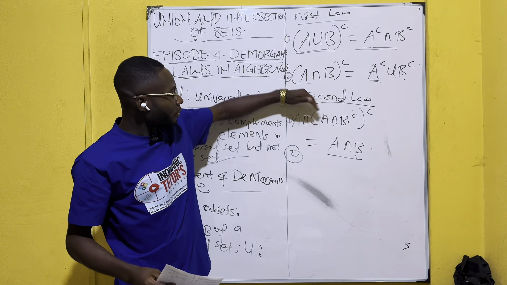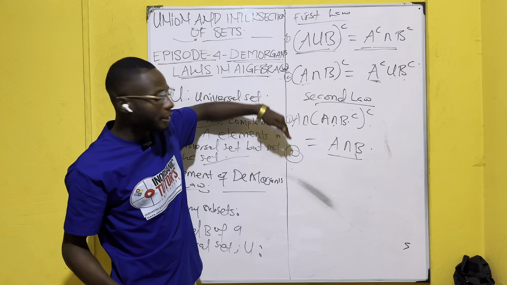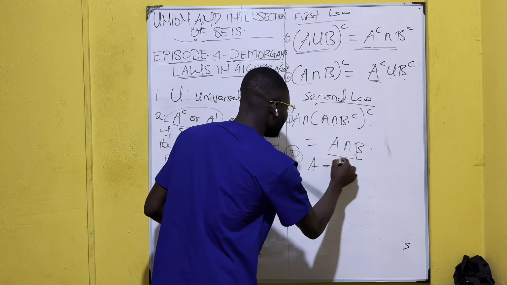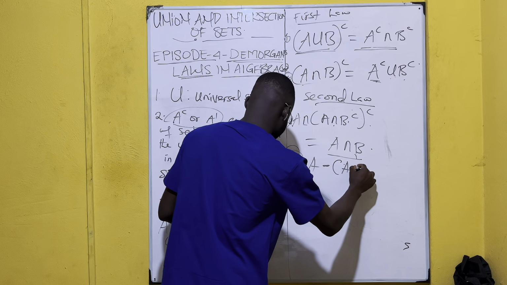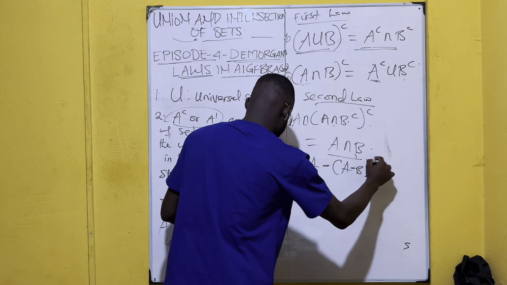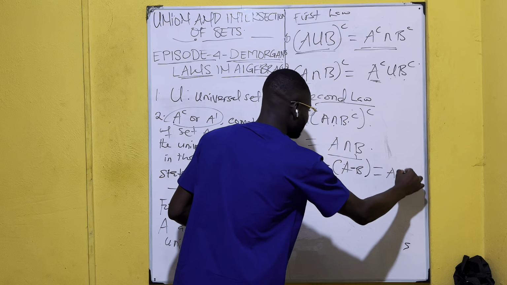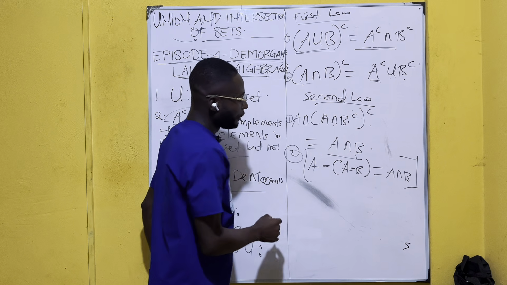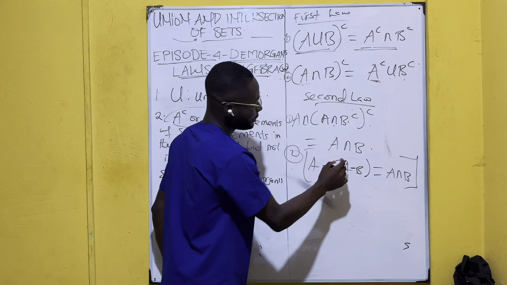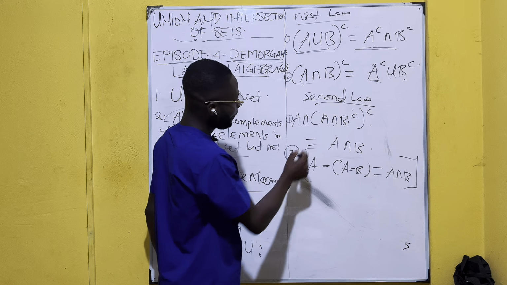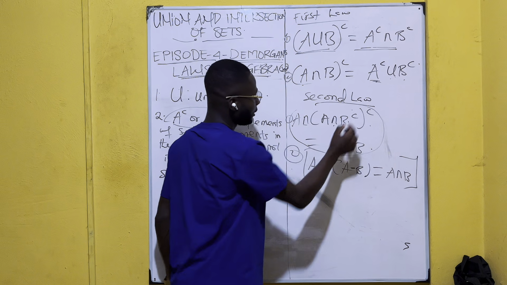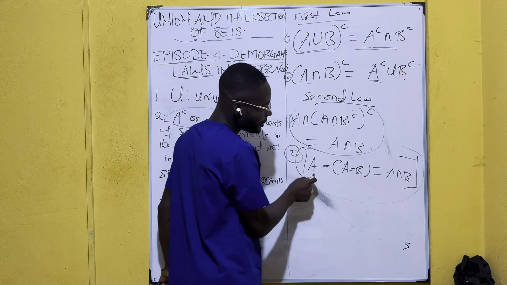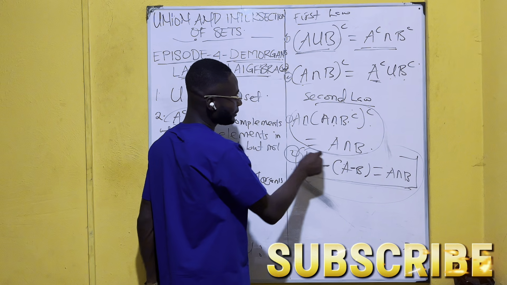So we have A and B. The second one is A minus A minus B is equal to A intersection B, right? So this right here is the same as this right here.